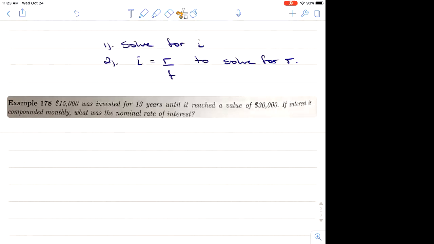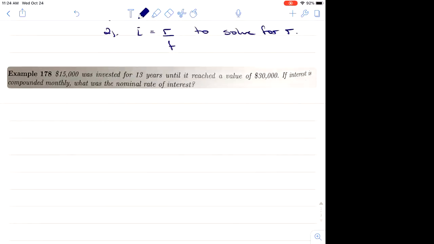If interest is compounded monthly, what was the nominal rate of interest? So here I'm asking, what was the nominal rate to make something go from 15,000 to 30,000 over a time period of 13 years? We don't need a timeline, but I think it's a good idea to make one, just to visualize what's going on.